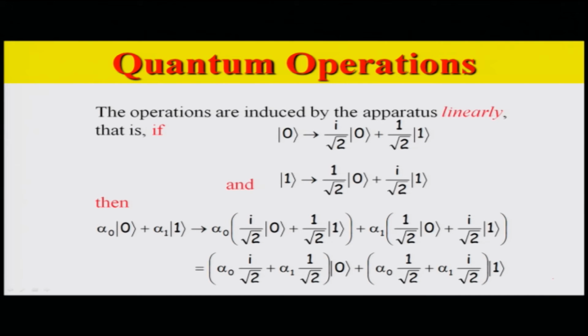So, when we look at quantum operators in this particular linear approach, the operations are induced by the apparatus linearly, that is, if one can be made to have a combination or a superposition state. And so, the first qubit is superposed with the second one, put together into a superposition state, and then the multiple operations that we execute on each of them end up making several combinations of these qubits one after the other, and that is the basic idea.